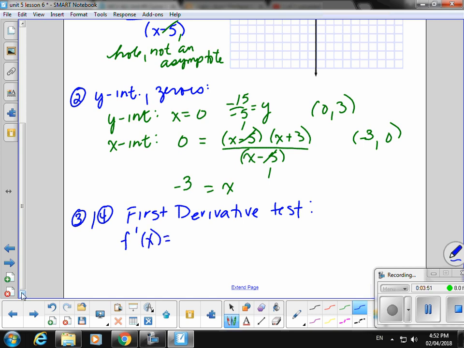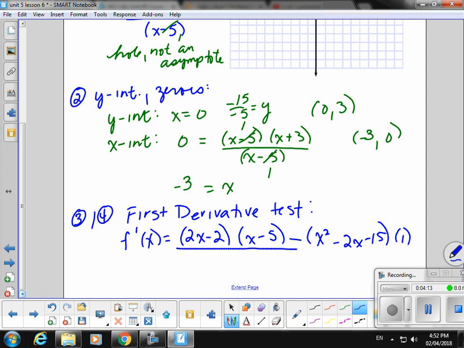So I want to look at f prime of x. Here we go. So I have a quotient. So I am going to do the derivative of the top, 2x subtract 2, times the bottom. Subtract the top, x squared minus 2x minus 15, times the derivative of the bottom, which is what?